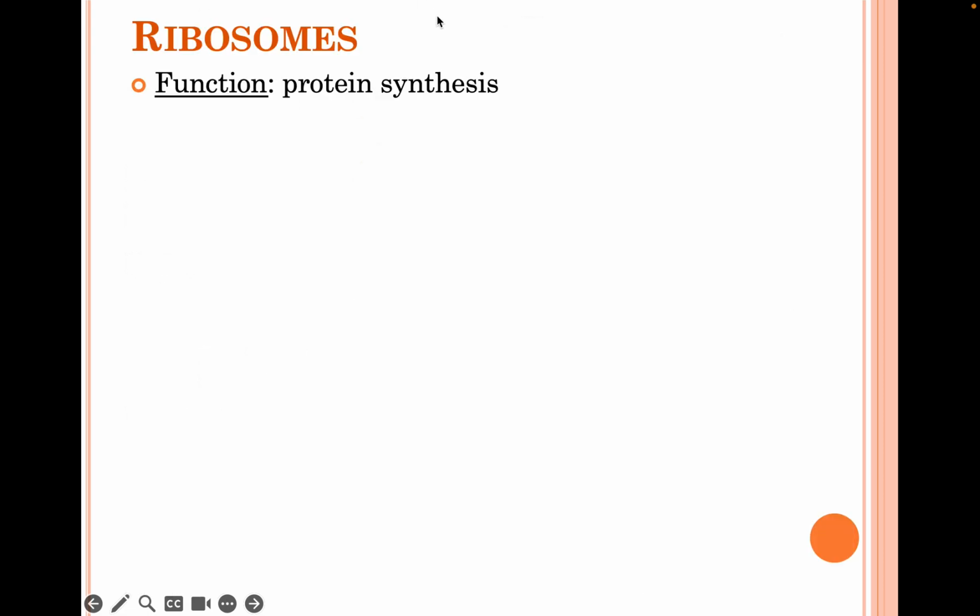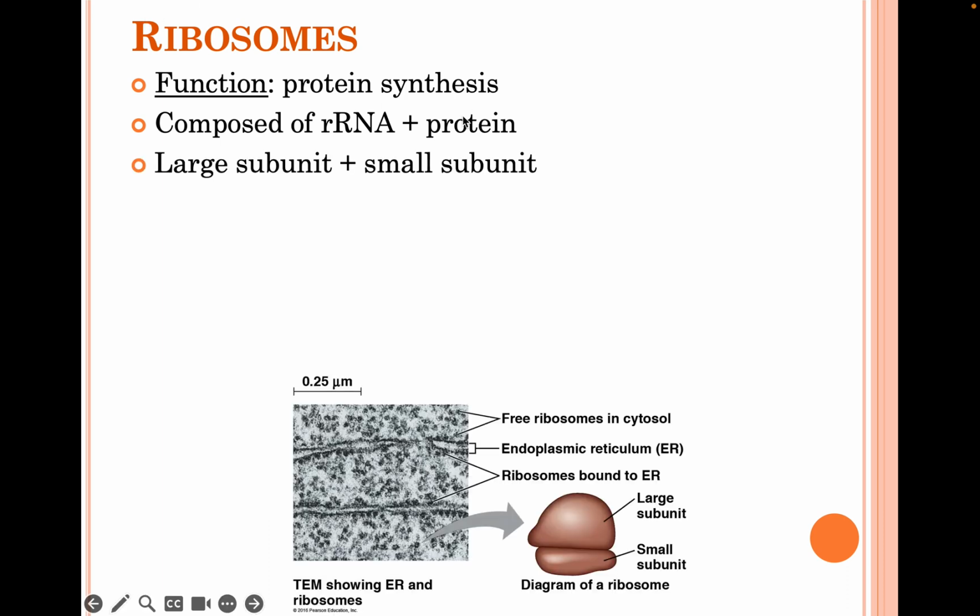All right, next up we have ribosomes. The function of ribosomes, their job, is to make proteins, protein synthesis. They're made up of rRNA and protein. And they're always built of two parts: a large subunit and a small subunit, which you can see in the model here. Large subunit, small subunit, and that makes a ribosome.